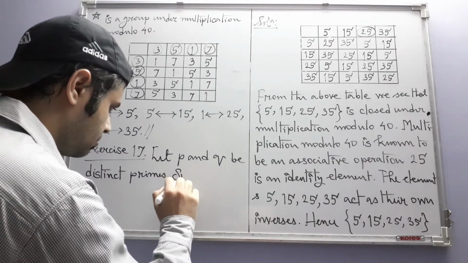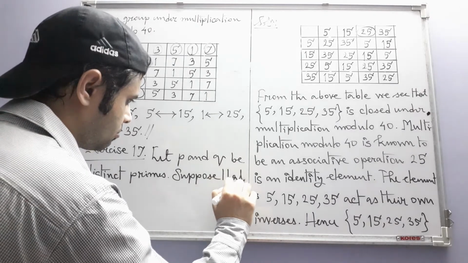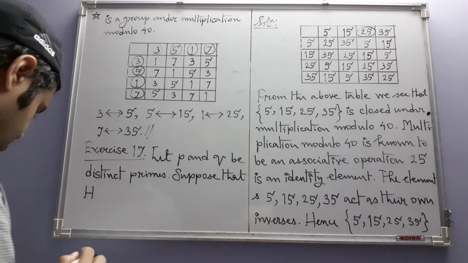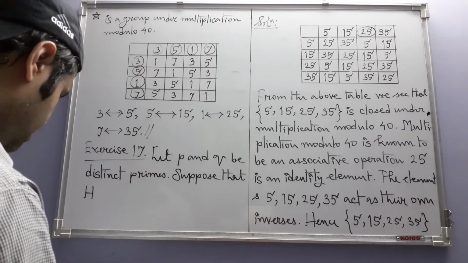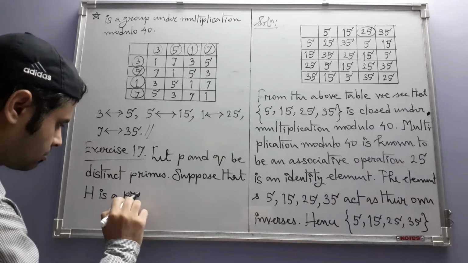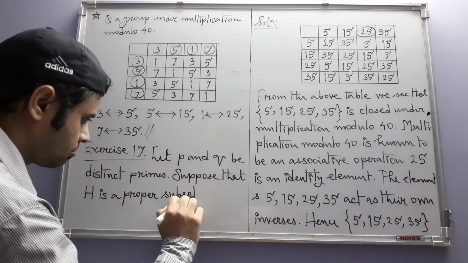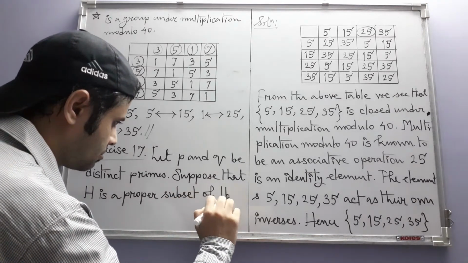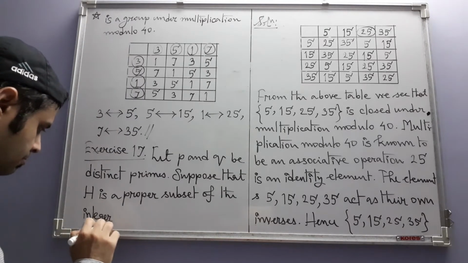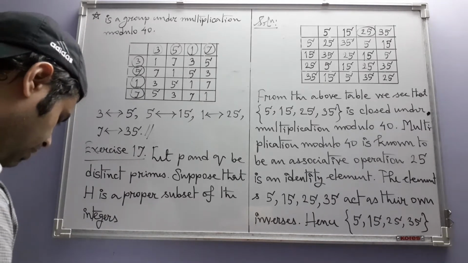Suppose that H is a proper subset of the integers that is a group under addition.